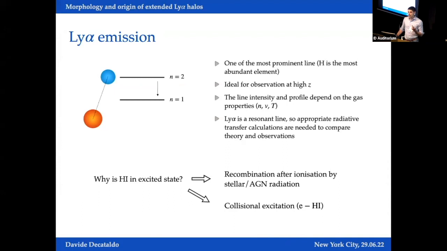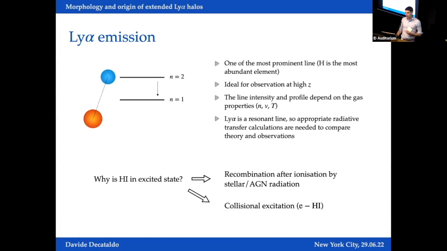Indeed, this line is resonant. It means that the photons are scattering a lot around the galaxy. So it's not immediate to relate the observed light to the properties of the galaxy. It's important to mention the main mechanisms responsible for hydrogen being in an excited state, because if we want to observe this line, we first need to understand why hydrogen is found in an excited state.